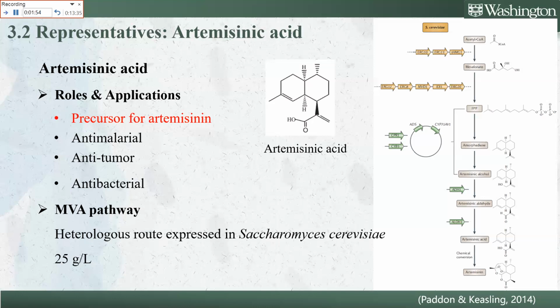Here, yeast uses the MVA pathway as the substrate to produce terpenoids. In the process of the heterologous biosynthesis route of artemisinic acid connecting with FPP, the regulation targets include amorphadiene synthase, cytochrome P450 monooxygenase, artemisinic alcohol dehydrogenase, and artemisinic aldehyde dehydrogenase.